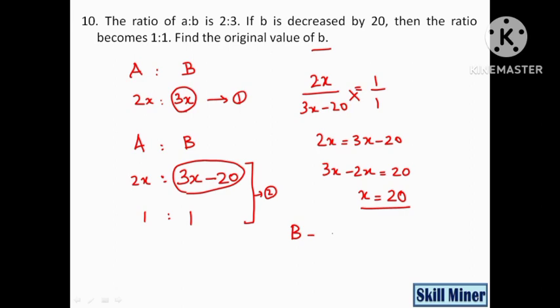B will be 3x, which is equal to 3 into 20, which is equal to 60. Now I found the value of B, which is 60. Okay, 60 will be the answer.